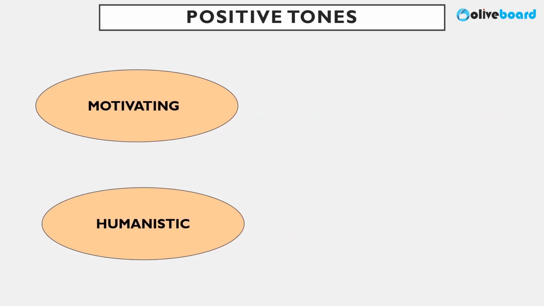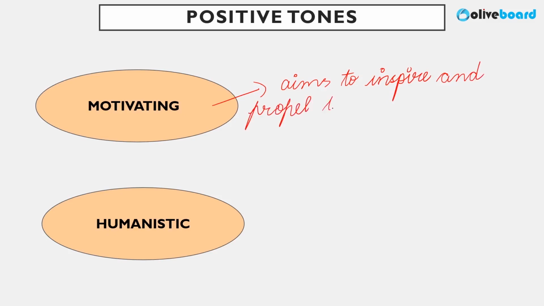Next is your motivating tone. This is a very positive tone, as you know. Motivates means inspires. So if the writing aims to inspire and propel the reader, then it is motivating.